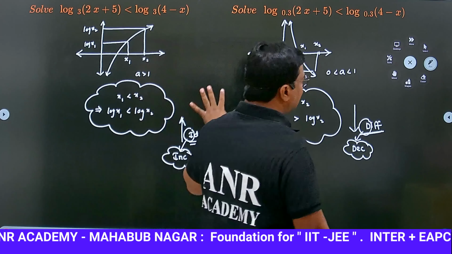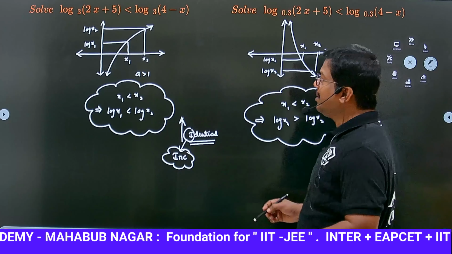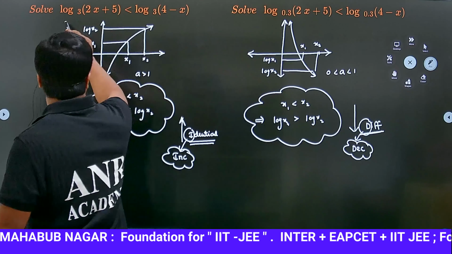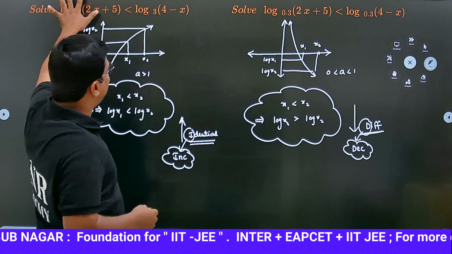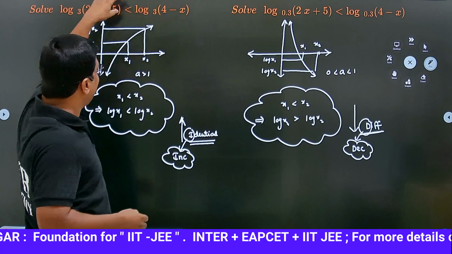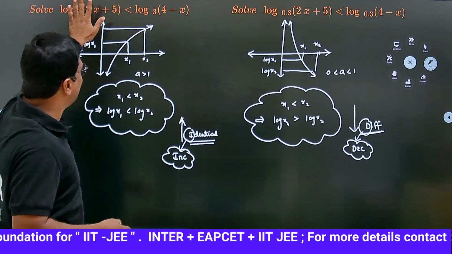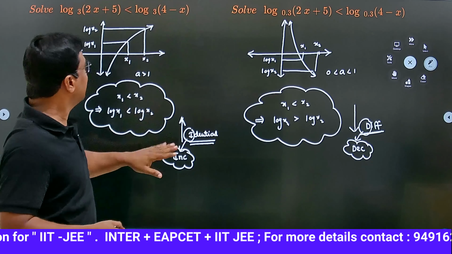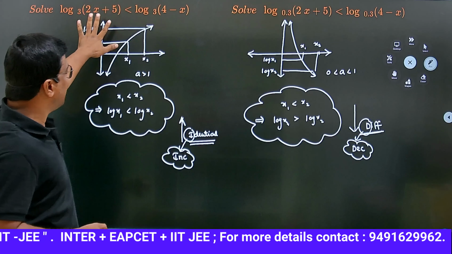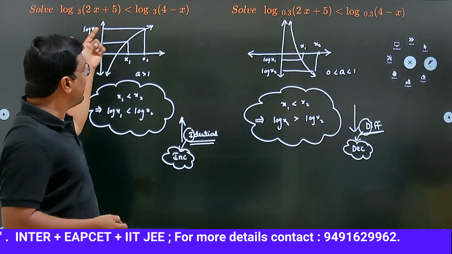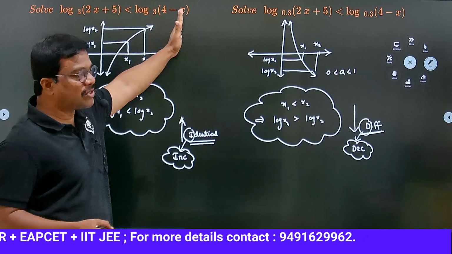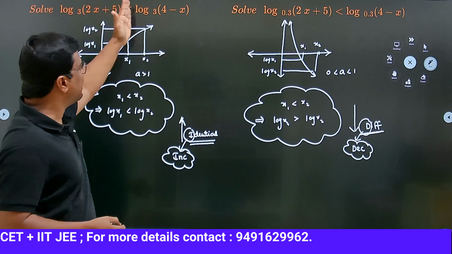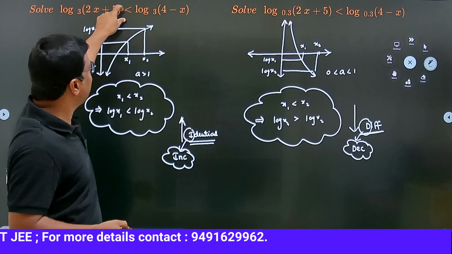Now the same I am going to apply here: log x1, log x2. Here the inputs x1 and x2 are 2x plus 5 and 4 minus x. Since it is an increasing function, the relation between 2x plus 5 and 4 minus x uses the same symbol.